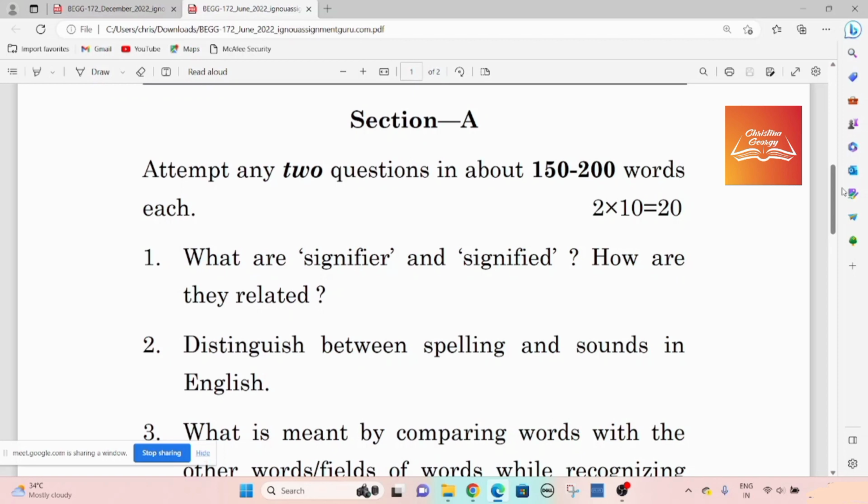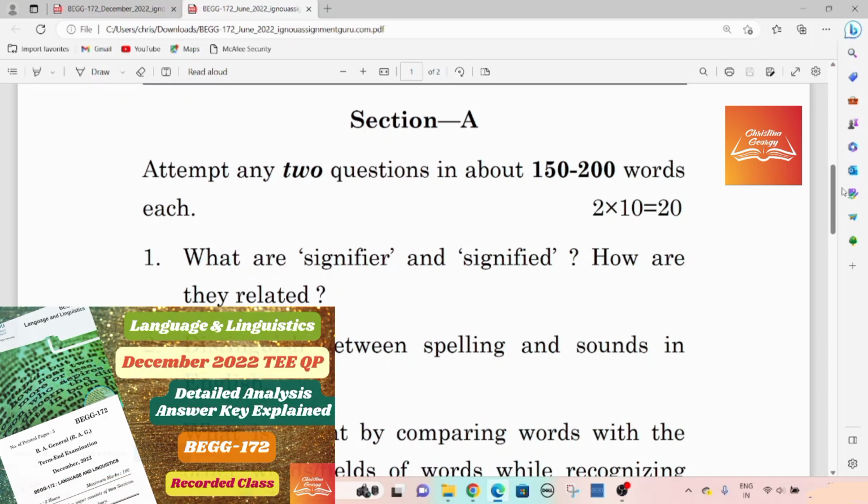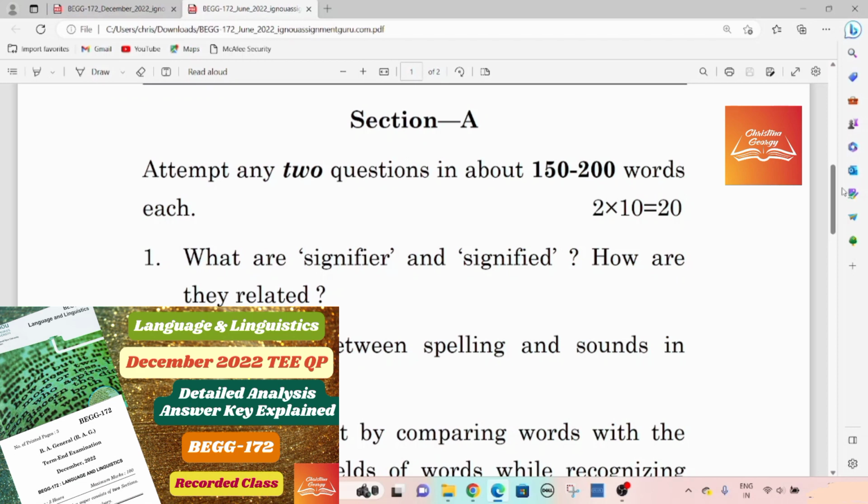Moving on to the next question, distinguish between spelling and sounds in English. This is a probable question that could appear in your exam question paper from block 2. Remember, in our previous session on the December 2022 question paper, we discussed that some blocks are more important than the others, and you may even skip some aspects in certain blocks.